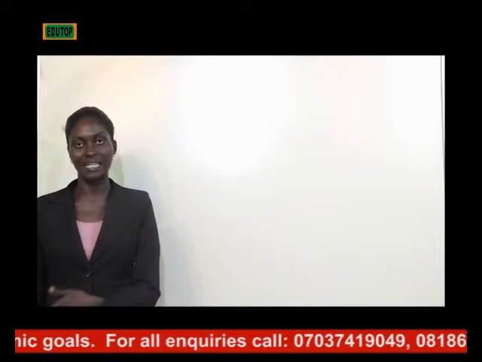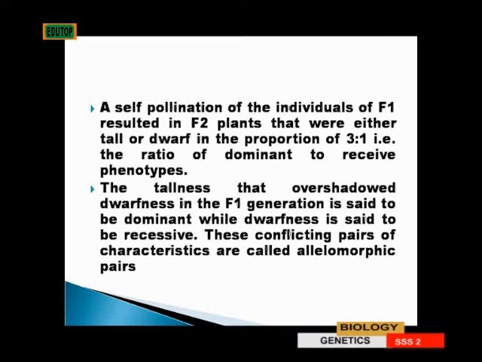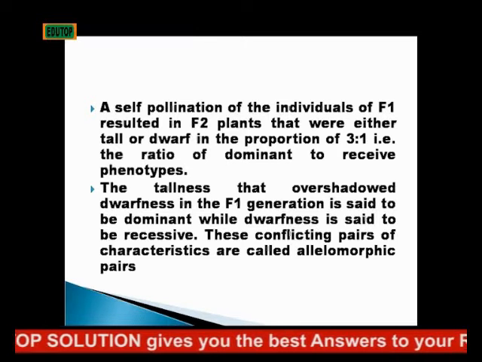Then after that, he self-pollinated those F1, that is, he crossed the offspring. And those gave rise to a set of offspring which he called the second filial generation or the F2 plants. And he noticed that in this offspring of the second filial generation, they were either tall or dwarf in the ratio 3:1.